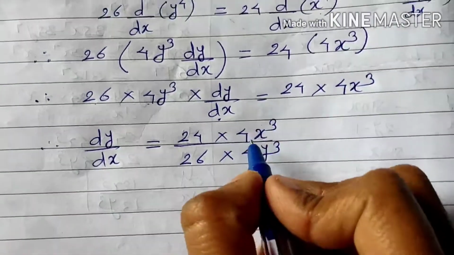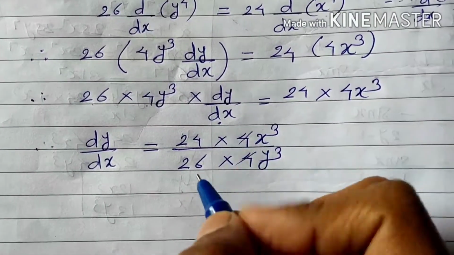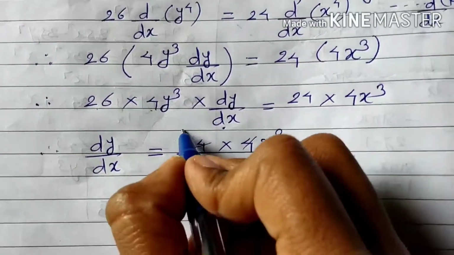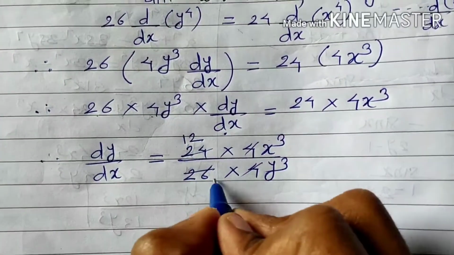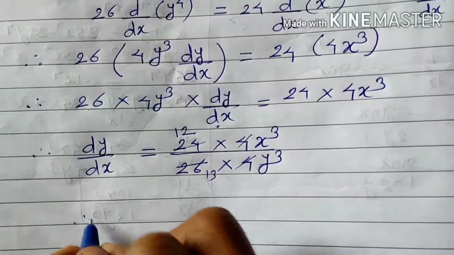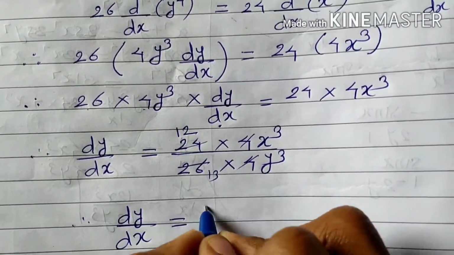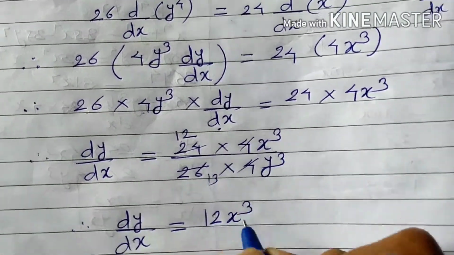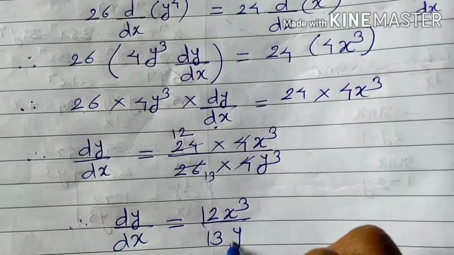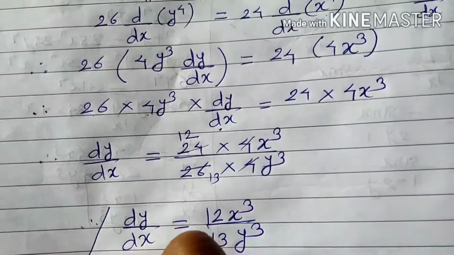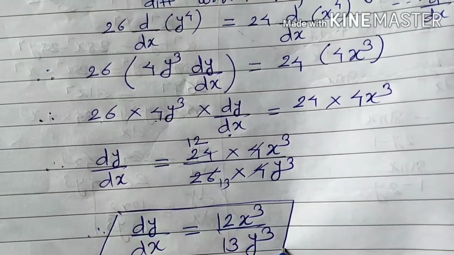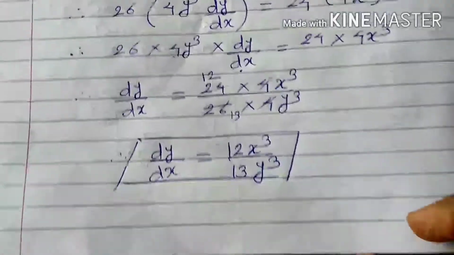Now cancelling the terms, 4 gets cancelled, and here is 12 upon 13. So our answer is dy by dx is equal to 12x cube upon 13y cube, which we had to prove. Hence proved.